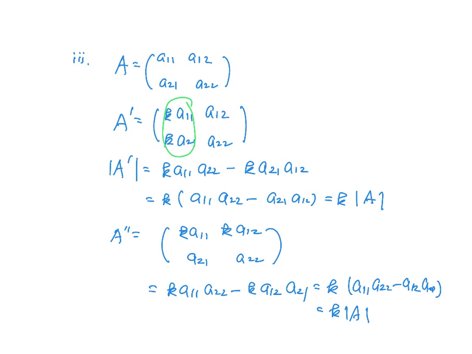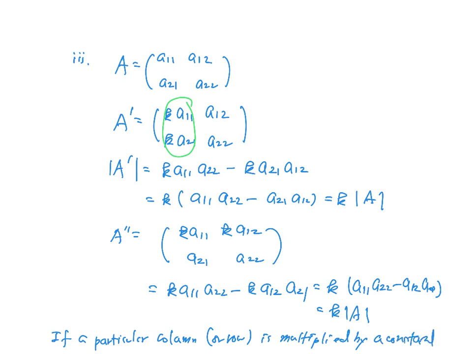So a particular column or row is multiplied by a constant. Maybe I can use the same space.